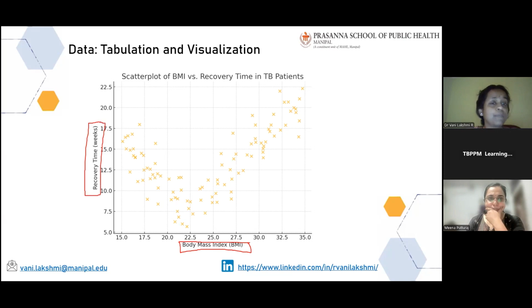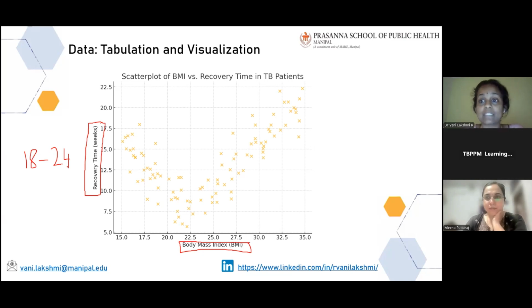BMI, do you know BMI, body mass index? Yes, ma'am. For healthy people, it will be between 18 to 24 approximately in India. If you have BMI more than 24, you are called obese.